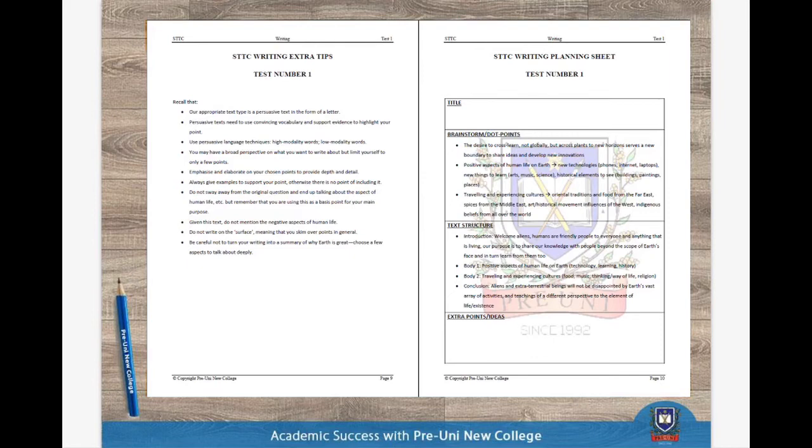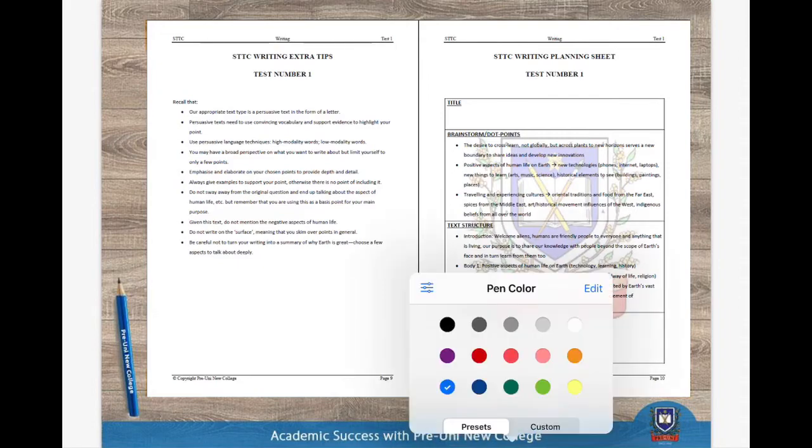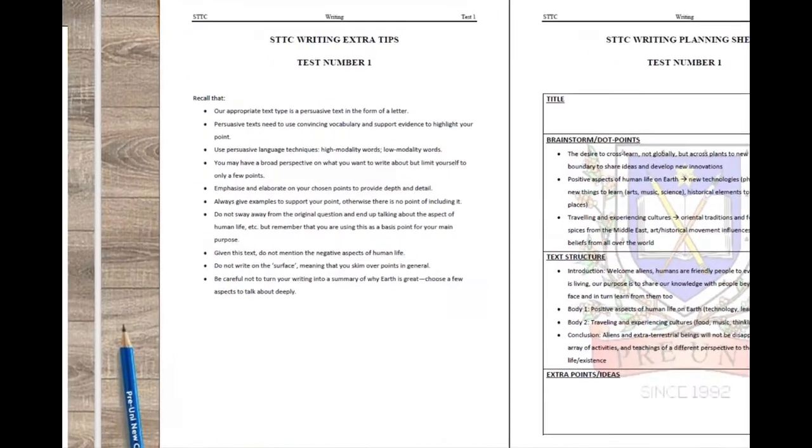And then on the right-hand side, on page 10, you can see that we've got our planning sheet. So this will be the template that you can download yourself for brainstorming and also just planning out your ideas before you actually jump into the response straight away. So some of these ideas are already jotted down here, but we'll go through them together.